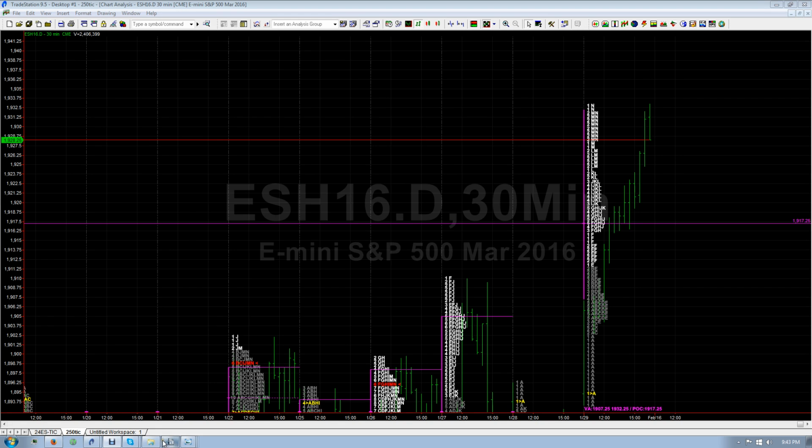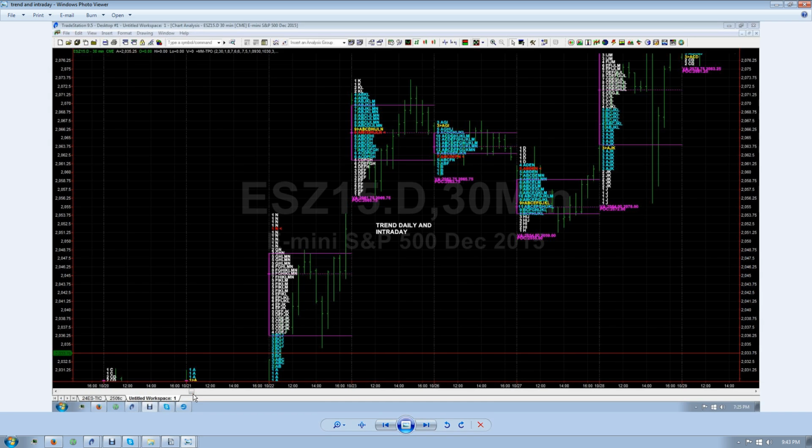Okay, let's take a look at trend and intraday trend. So here's a good example of you have a higher high and a higher low from the 22nd to the 23rd.